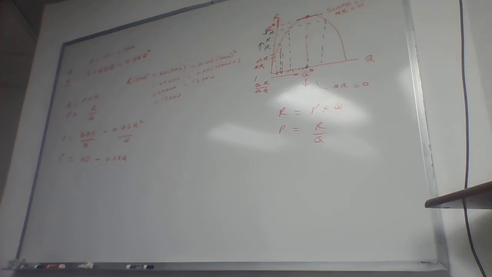What about G? Total cost at this level of output. We stick our 500 in where we see Q in our cost function.